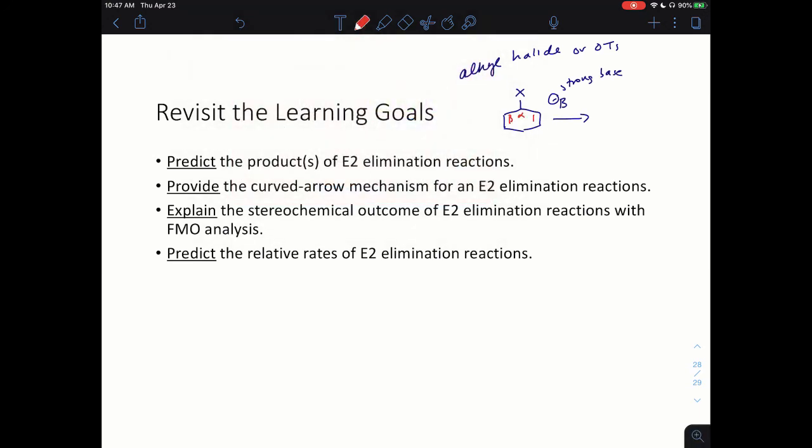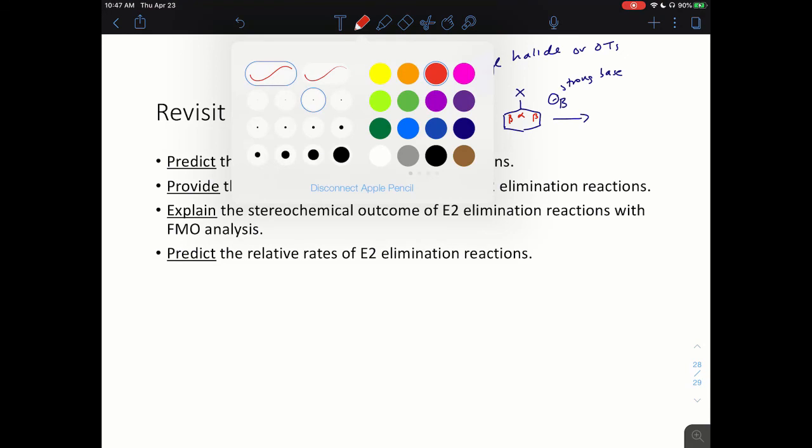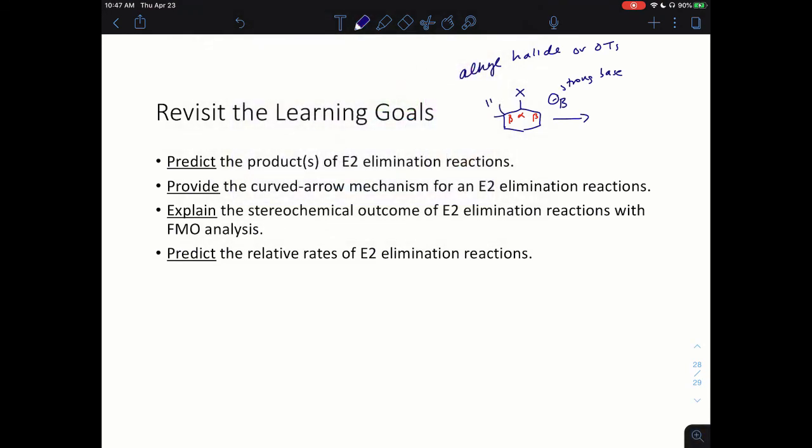We're going to identify the beta carbons, and we're going to deprotonate them. For this example, I've given you beta carbons that are the same, so we just choose one, and you're going to get the alkene, the leaving group, and the conjugate acid of the base. Hey, look, we just achieved our second learning goal, providing curved arrow mechanisms for elimination reactions.